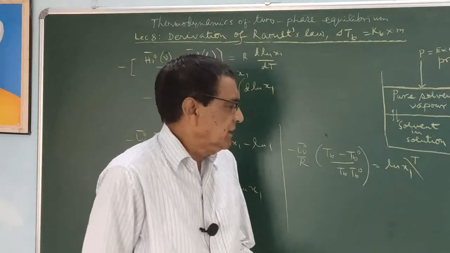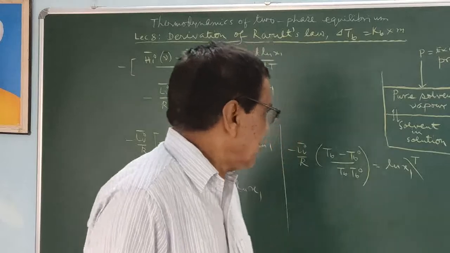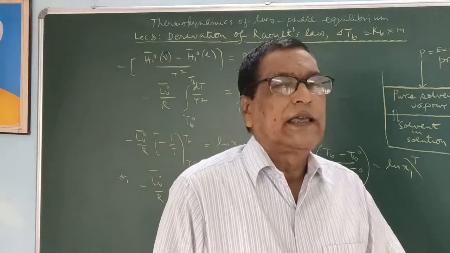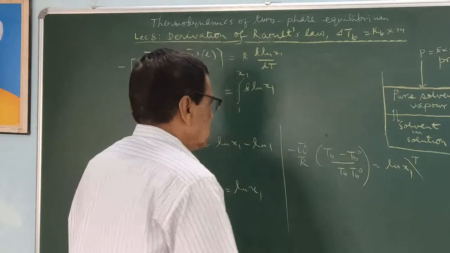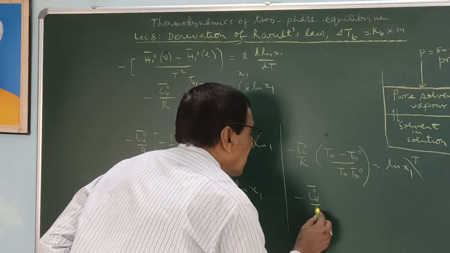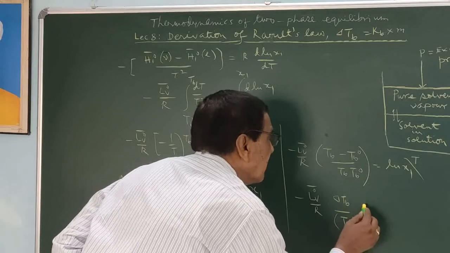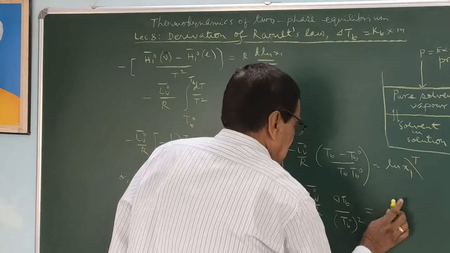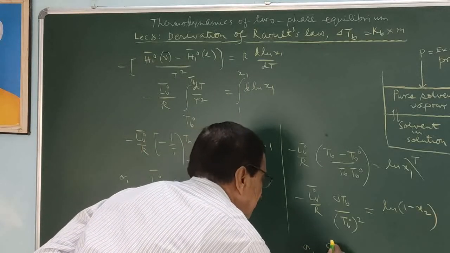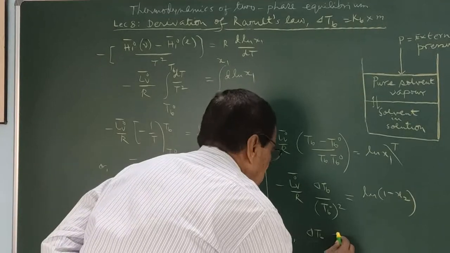You can remember in my last class I stated that TB minus TB naught is the elevation of the boiling point of this solution, and since TB and TB naught are very close together, as I have seen in a problem in the last class, this could be written as LV naught bar divided by R and delta TB divided by TB naught squared, and this one could be written as ln(1 minus x2).